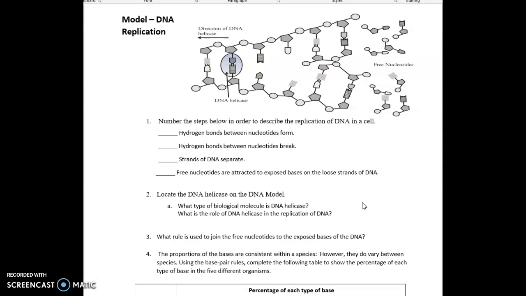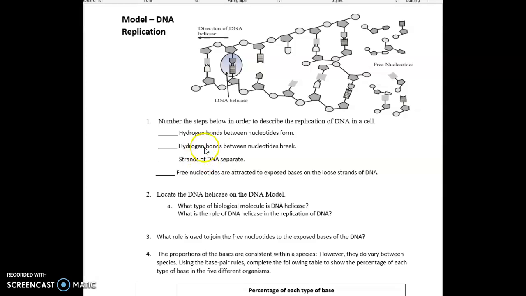All right, let's go ahead and go through these answers. Okay. So we look at the very first one. We're going to number the steps in order to describe the replication of DNA. So let's just find where is step 1. We know in step 1, it's when the helicase comes in and breaks apart the hydrogen bonds. So let's see, hydrogen bonds between nucleotides form.